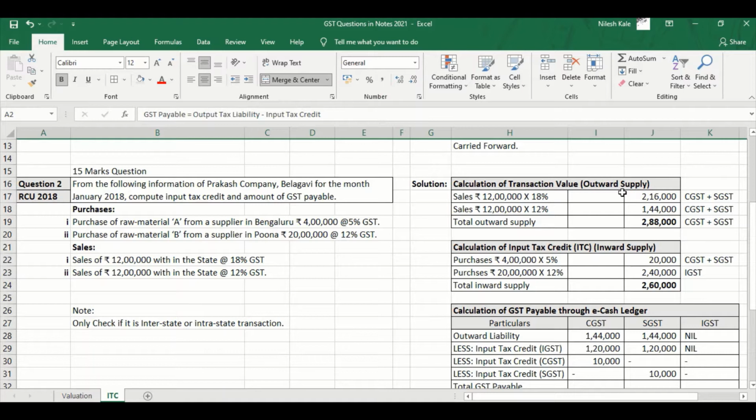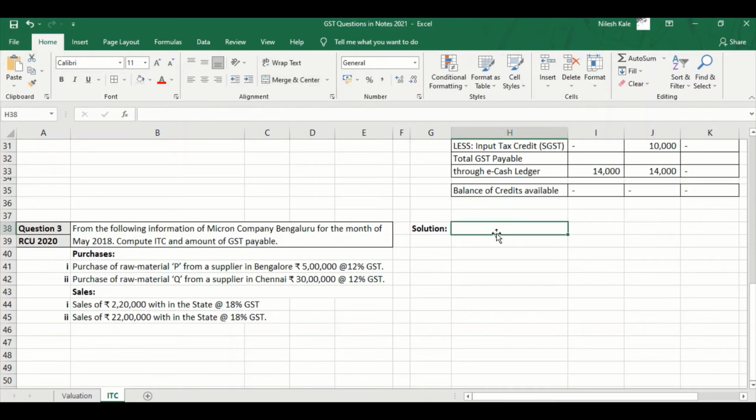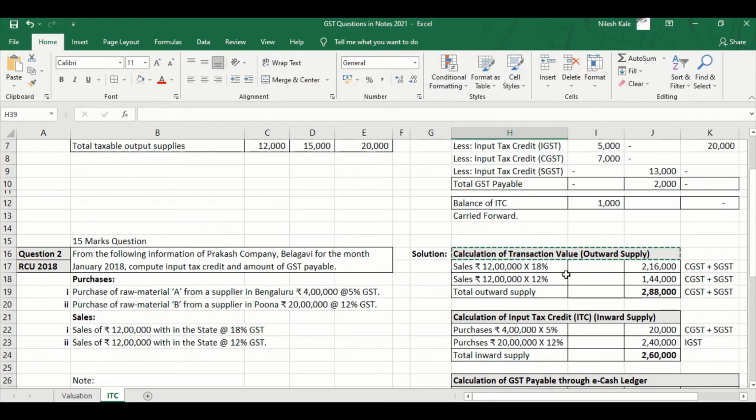First we have to calculate outward supply, then inward supply, and then GST payable using the manner of utilization of ITC, right? So let us start with the calculation of transaction value of outward supply. Okay, I will just copy this format. Calculation of transaction value of outward supply.